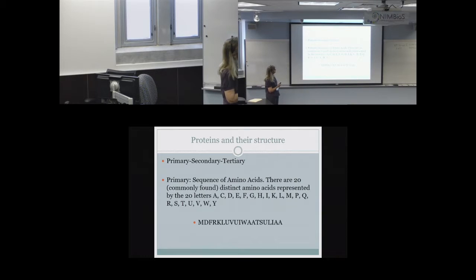So the structures are primary, secondary, and tertiary, the 3 structures of a protein, starting with the primary. That amino acid sequence that we just said was created by the RNA sequence, that's the primary. So this is an example, say, of a primary sequence of a protein. It's just the list of the consecutive amino acids.